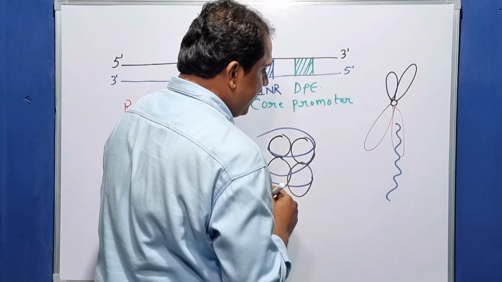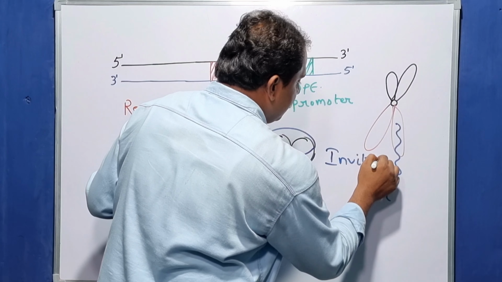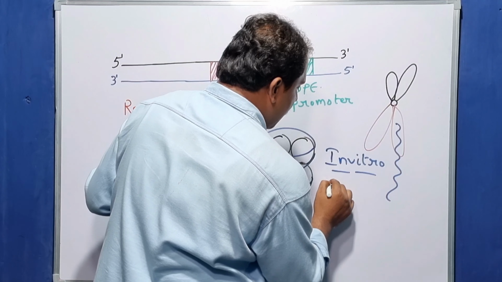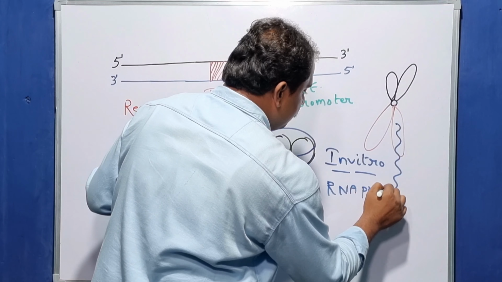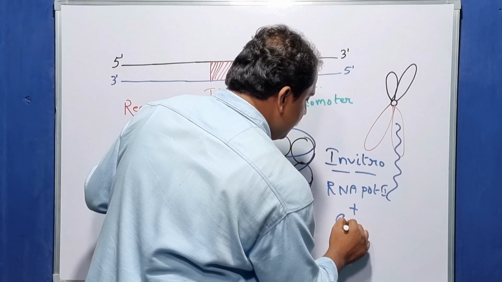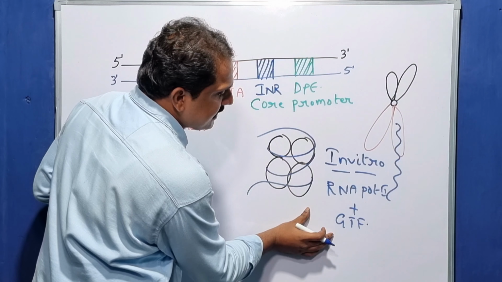Under in vitro conditions, RNA polymerase II and in addition general transcription factors are required for organizing the transcription mechanism.